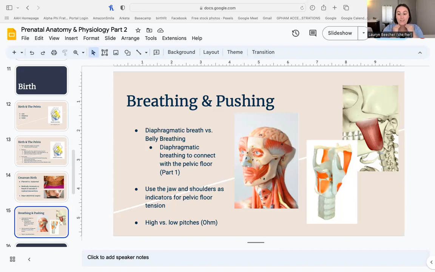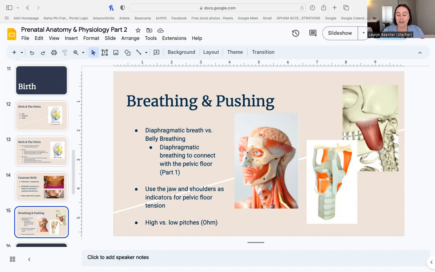The vocal cords are a mirror image of our diaphragm and our pelvic floor. So if I'm able to keep my jaw, my neck, my shoulders somewhat mobile and relaxed through contraction after contraction while I'm laboring, it's a good indicator that the pelvic floor is in more of a relaxed state.